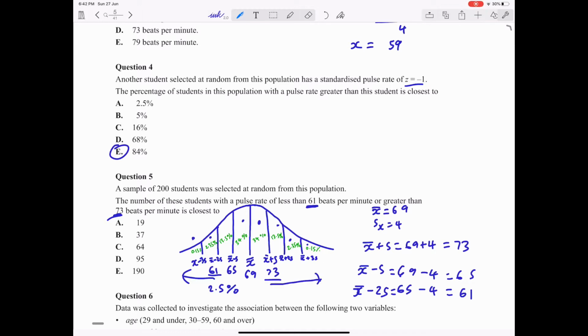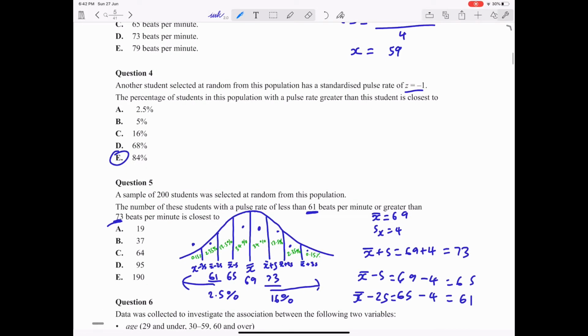So the percentage of students with a pulse rate greater than 73 beats per minute is 16%. So if you do 16% plus 2.5%, that'll give you 18.5%.